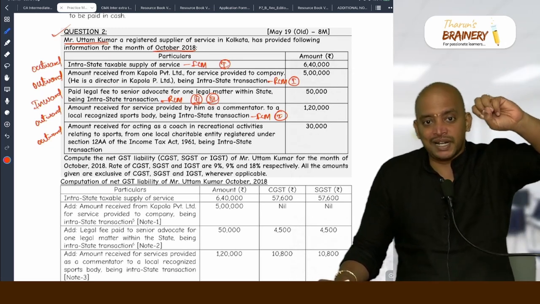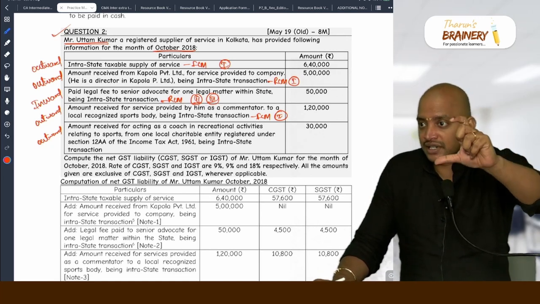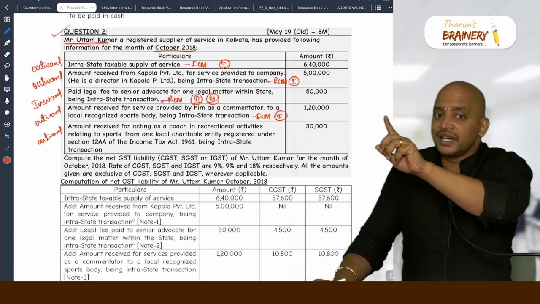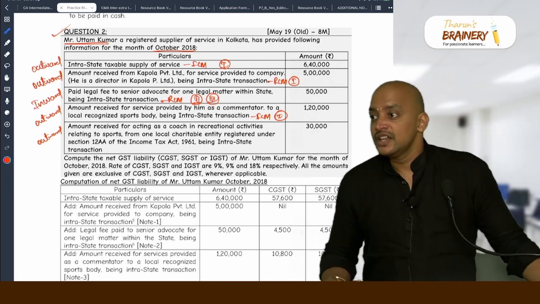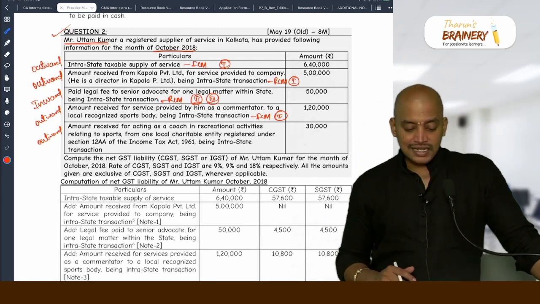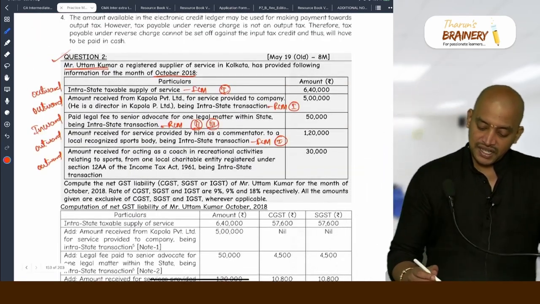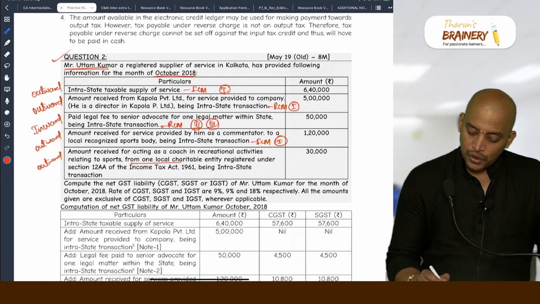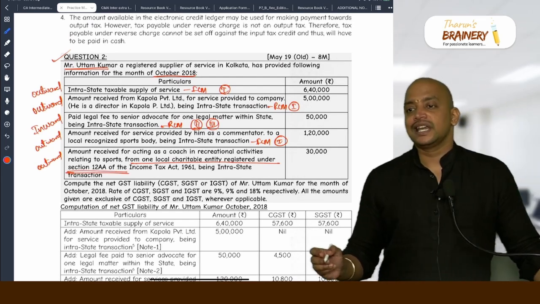By others it will be taxable. Sports by a charitable trust is exempted. By any other person it will be taxable. Like this, one exemption we have seen. Okay. So, in this case, who is receiving this money? From one local charitable entity registered under section 12AA.